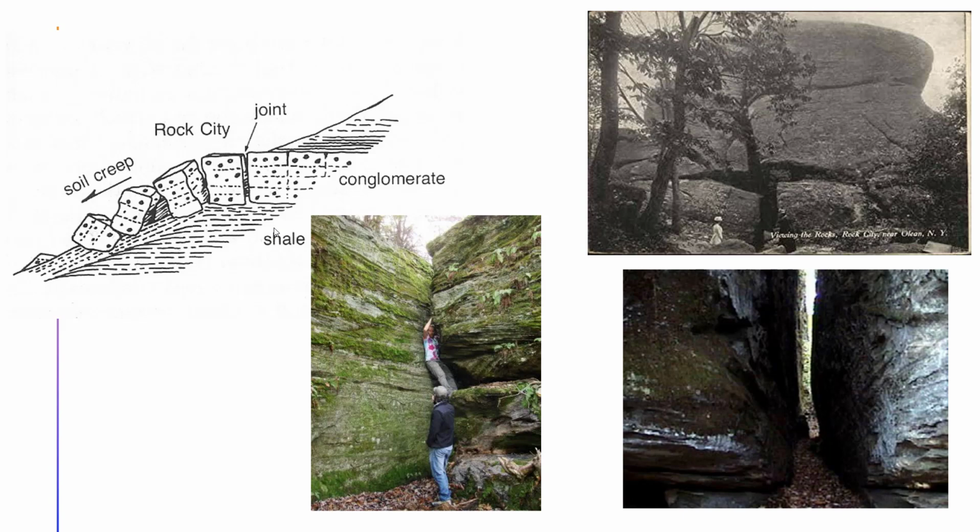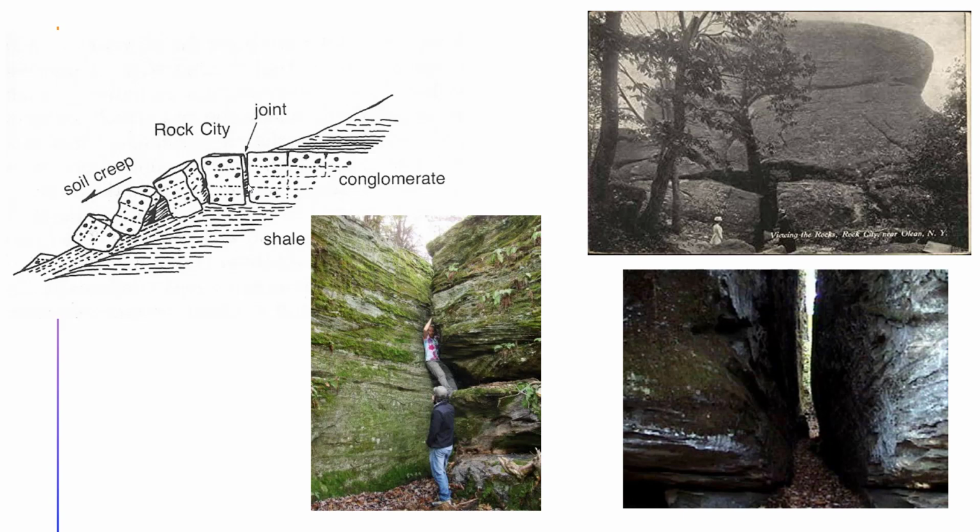And this cycle of expansion and contraction is also a response to gravity. And so over very long periods of time, like decades, what will happen is the soil beneath this conglomerate layer will slide down slope. And when it does, it will carry the conglomerate layers right down slope as well.